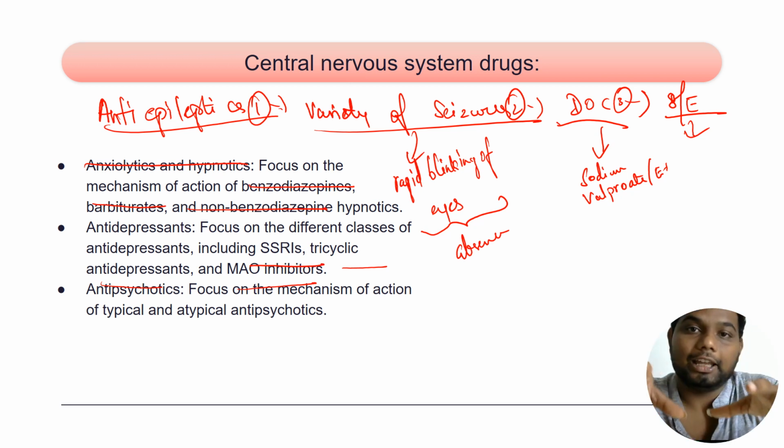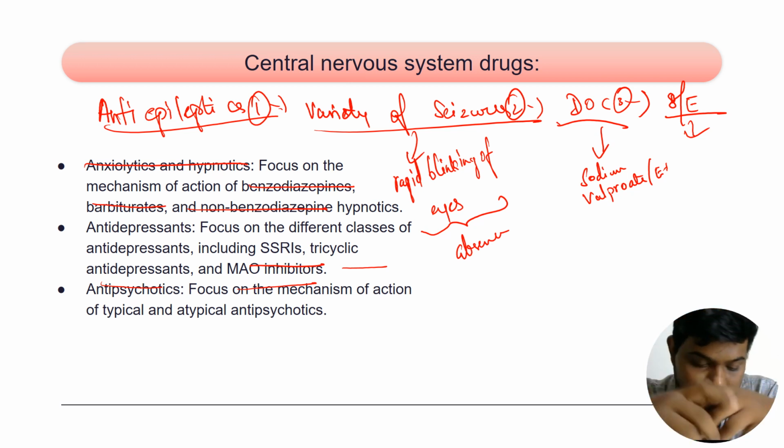So both reuptakes can be inhibited by your SNRIs, while only serotonin will be inhibited by your SSRIs. SSRIs are the treatment of choice or drug of choice for all types of anxiety disorders. So this kind of thing you have to remember.